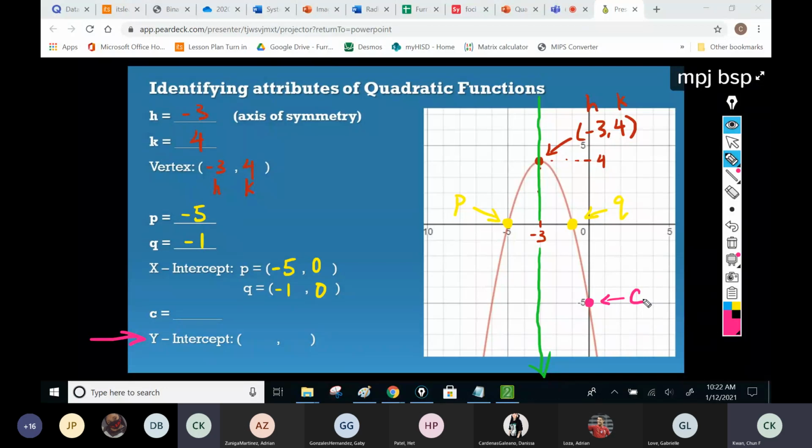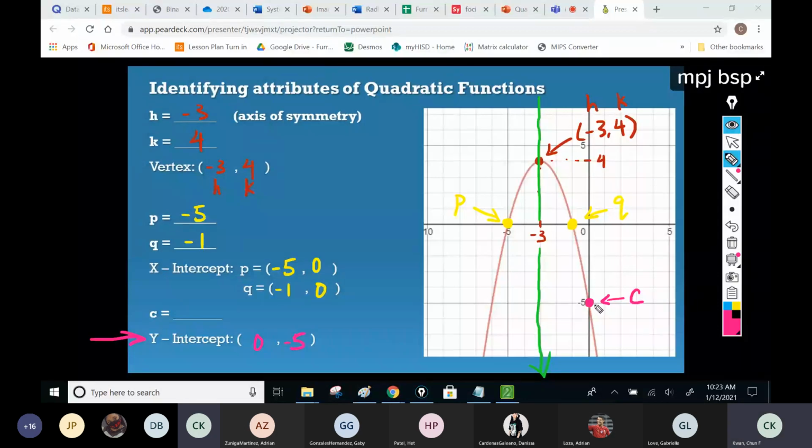We're going to call it the letter C. And the location of this y-intercept is (0, -5).